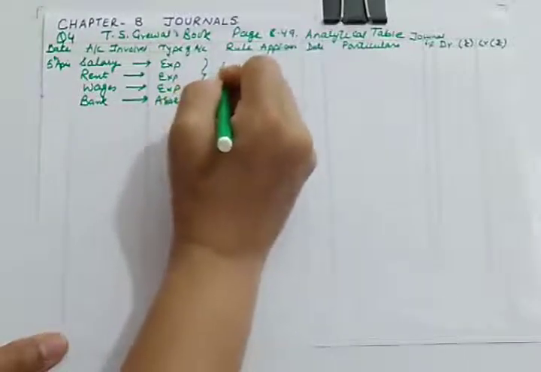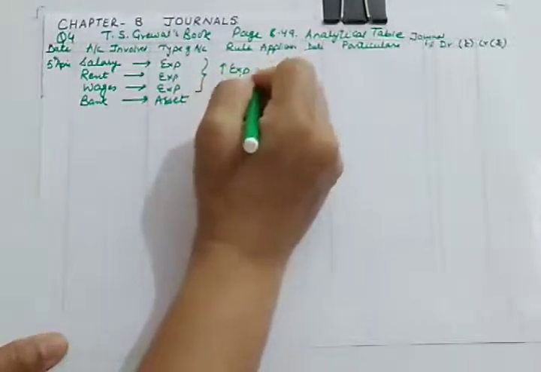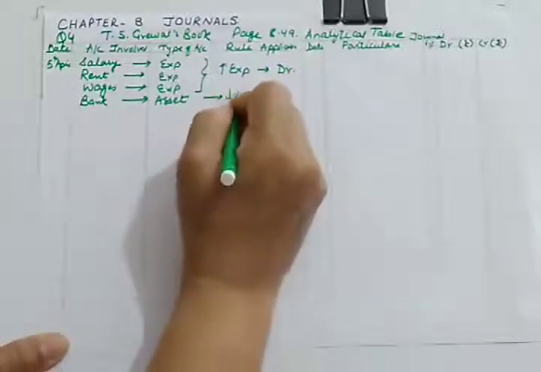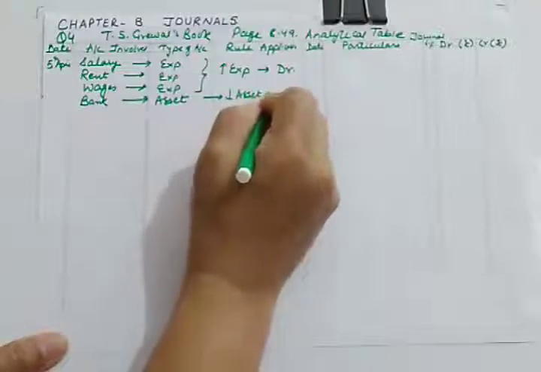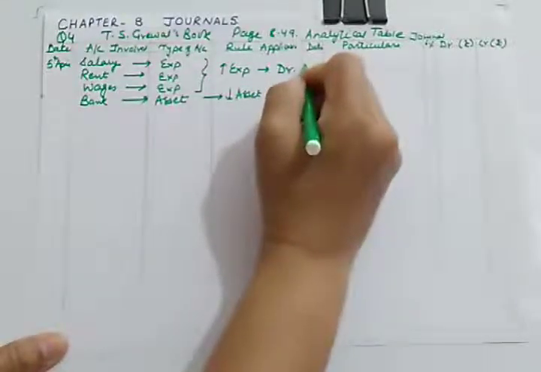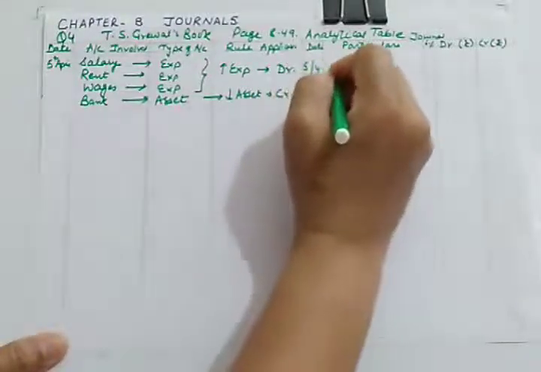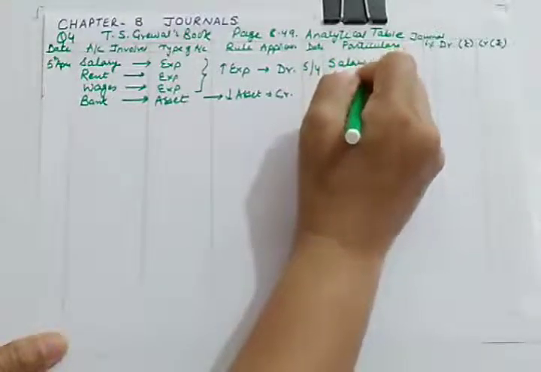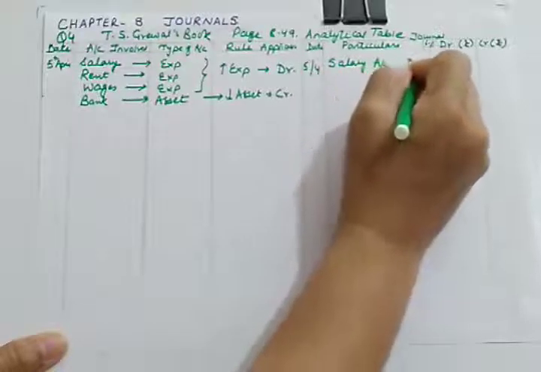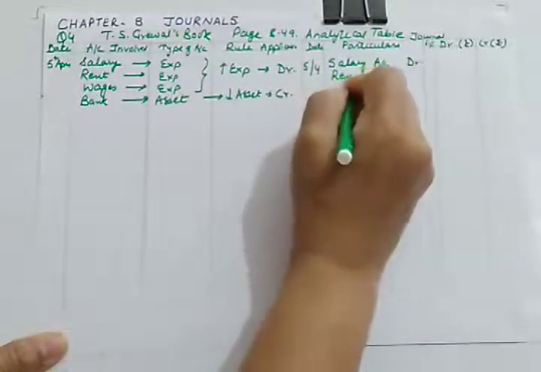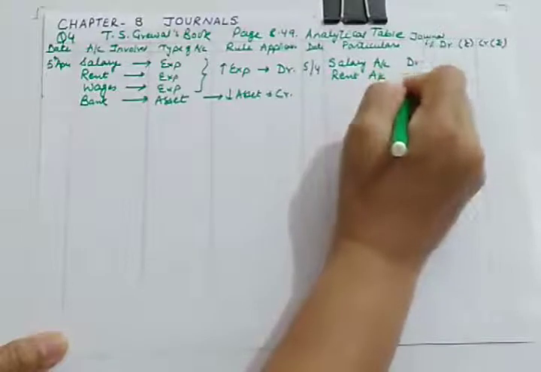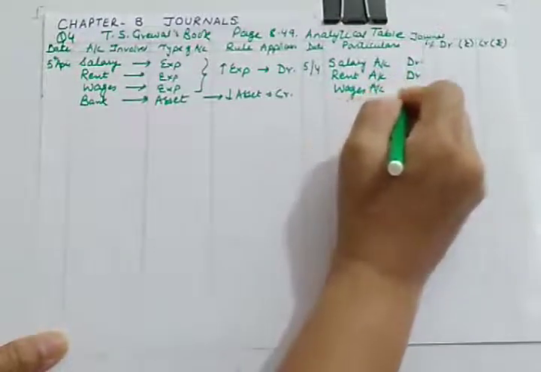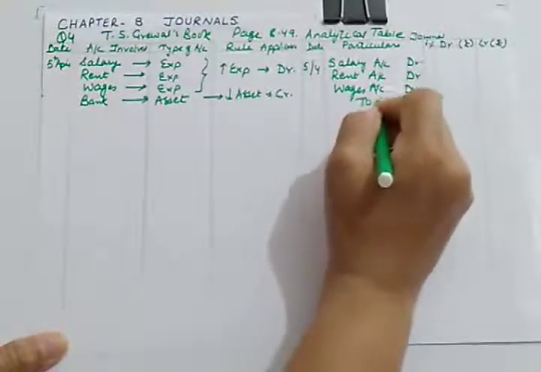These expenses are increasing, so increase in expense debit and decrease in asset is credit. So let us record this in this format. Date is 5/4, so we'll be giving debit to salary account debit, rent account debit, then wages account debit to bank account.